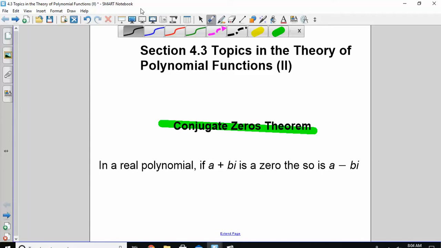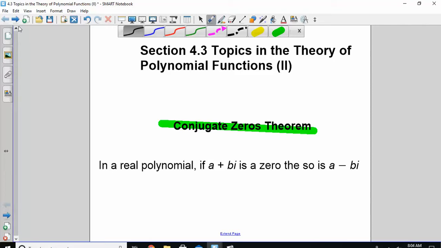So what this is telling us is those imaginary zeros are going to come in pairs. If, for instance, 1 minus 3i works as a 0, 1 plus 3i will also work. So if I give you an imaginary zero, then I'm really telling you 2 of the zeros. The conjugate will automatically work.